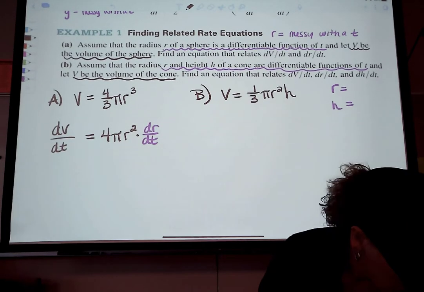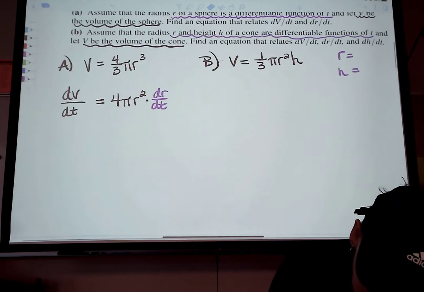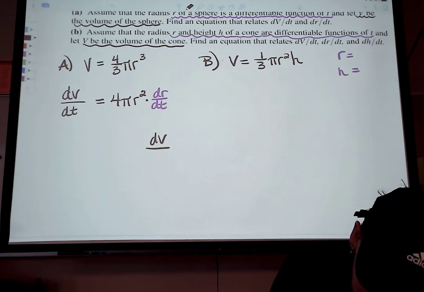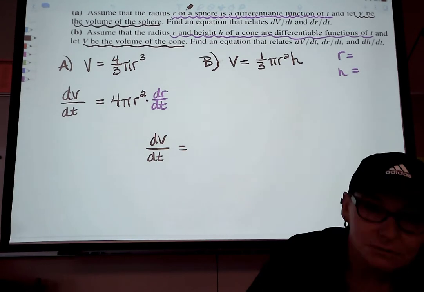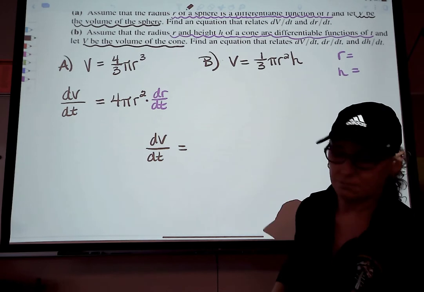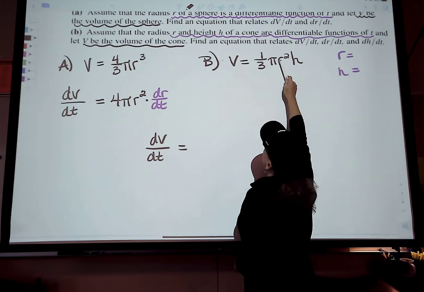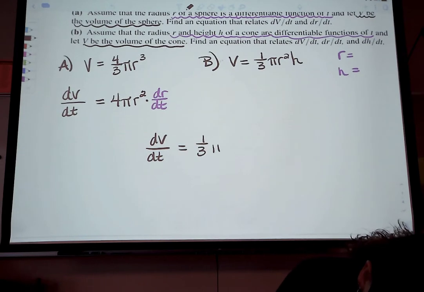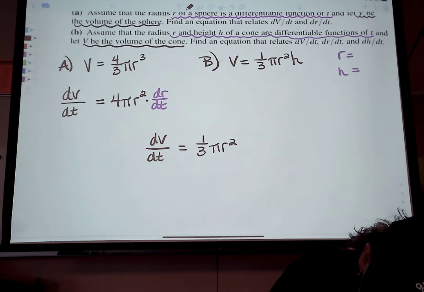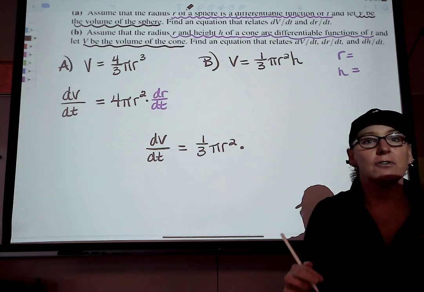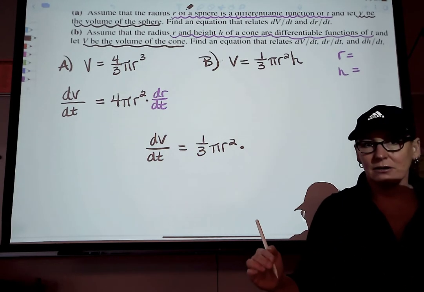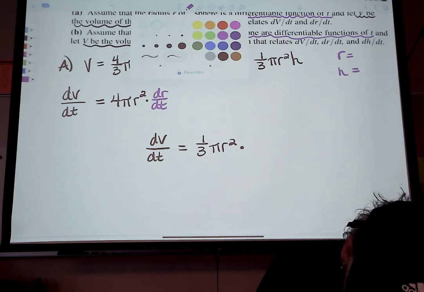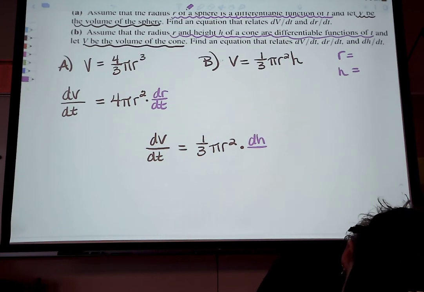Here I go. I'm going to scoot down here because I'm going to need more room. dv dt equals. All right. Copy the 1. 1d2. What's the derivative of h? H is messy. It's dh dt.